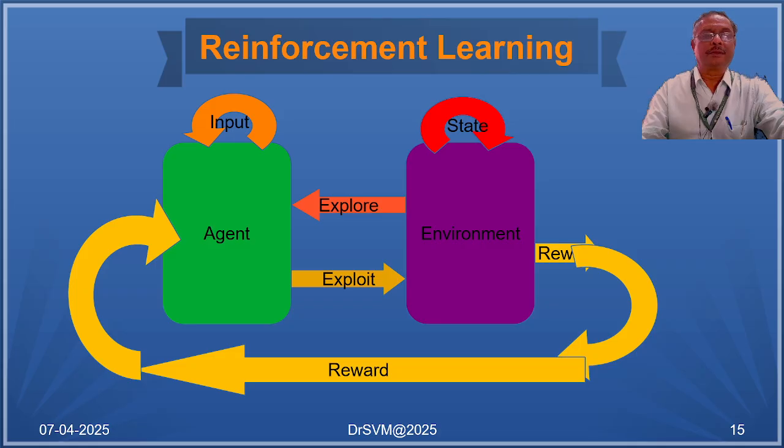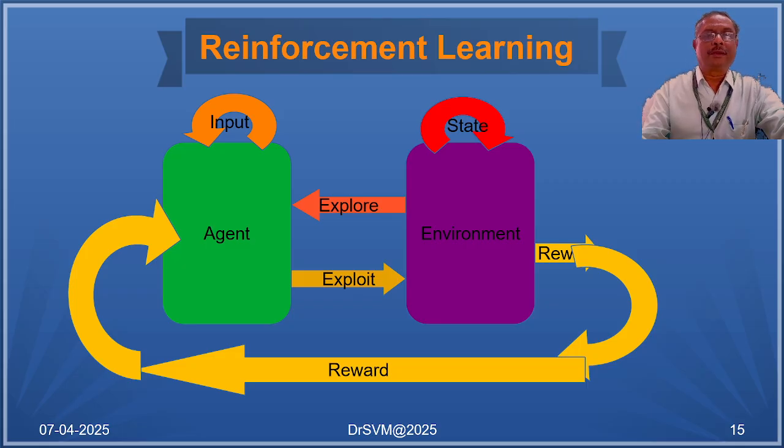So if I just try to connect these two, what we are doing in cycling is this: first the agent sits on the seat and holds the handle, and that's the exploration.